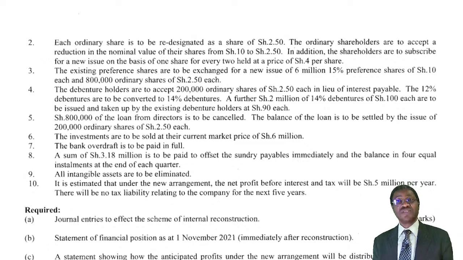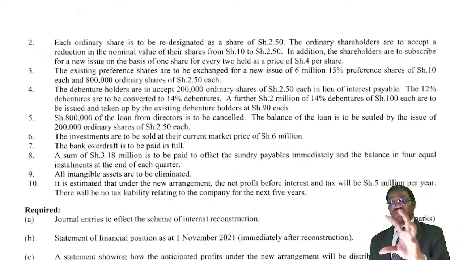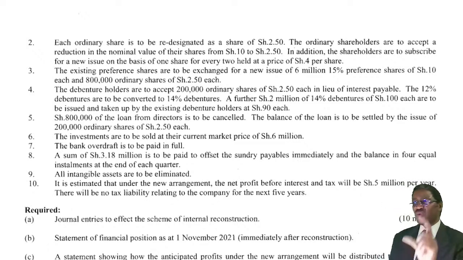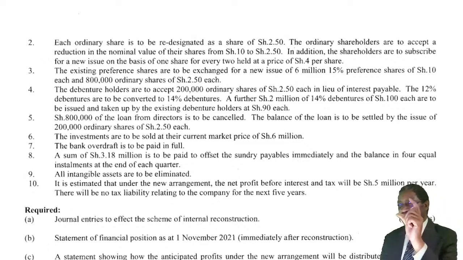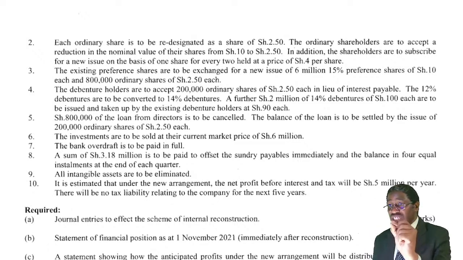Listen carefully. So the existing preference shares, we are cancelling them and replacing them with 2 things, according to note 3: 6 million 15% preference shares of 10 each and 800,000 ordinary shares of 2.5.